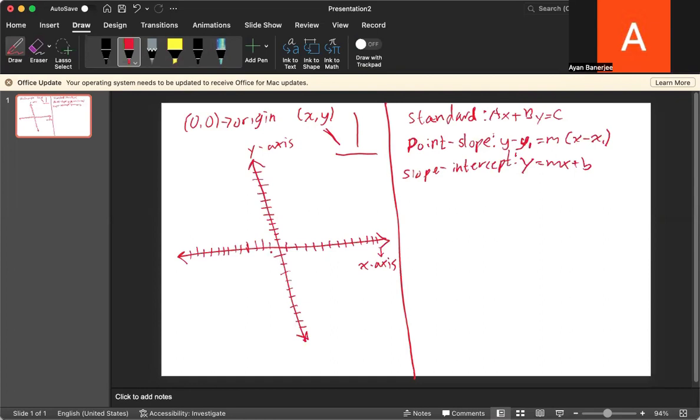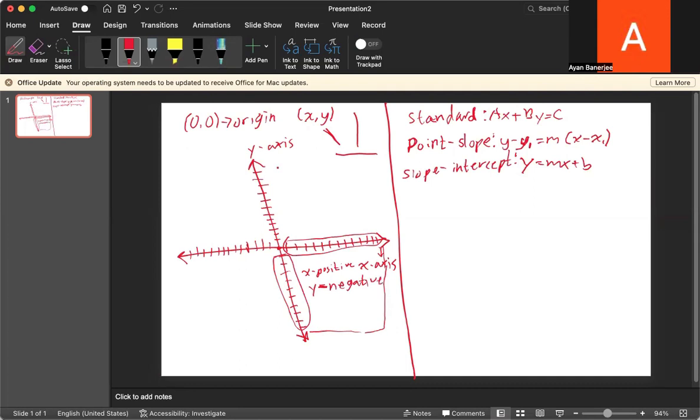So we have the point 0, 0, which is right in the middle of the x-axis, which has all the x values on it, and the y-axis, which has all the y values on it. In this bottom part right here, x is positive, and all the y values down here are negative.